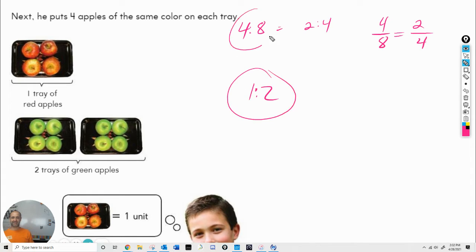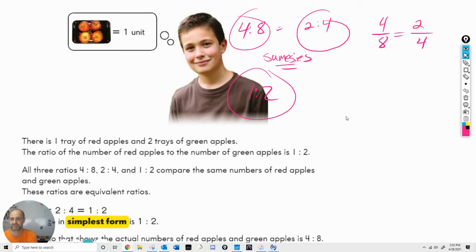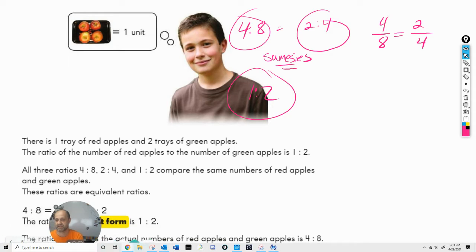Oh my goodness, that, and that are all samesies. So those are all the same ratios. Naturally, the one with the smallest number is written in simplest form.